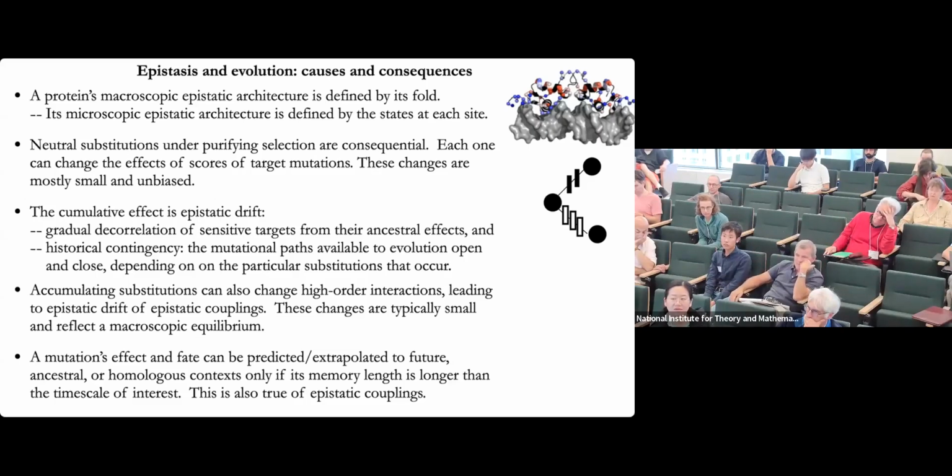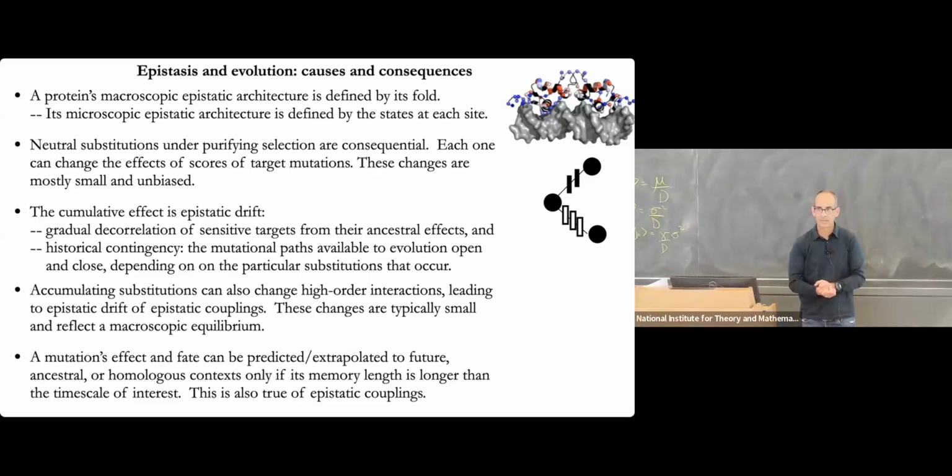Yeah. So I think there's good evidence for the model that changes that are truly neutral or nearly neutral can have strong epistatic effects. So I don't think you need fluctuating strength of selection to make way for this sort of epistatic modification.